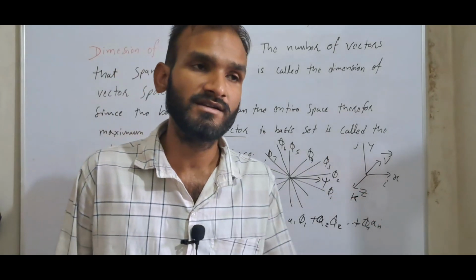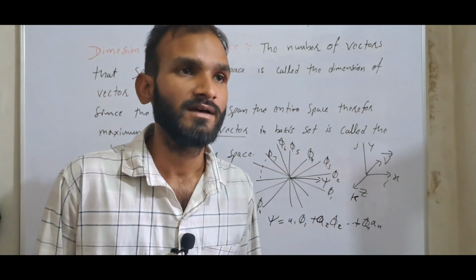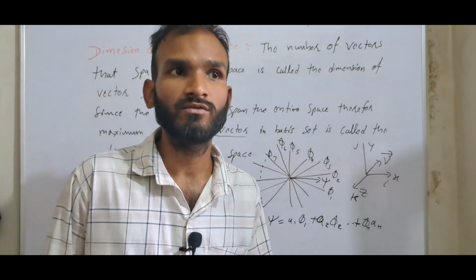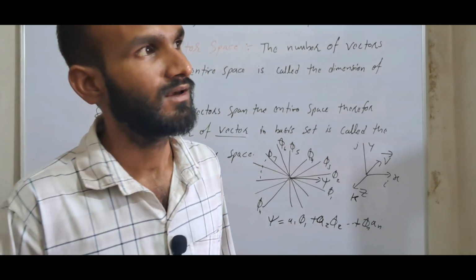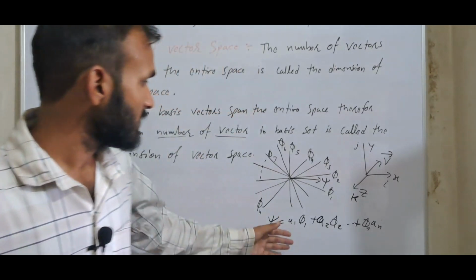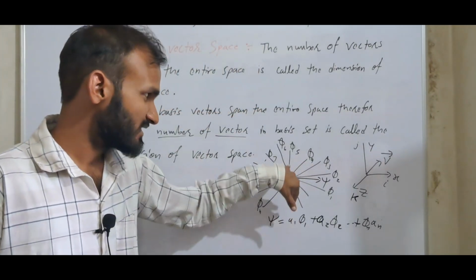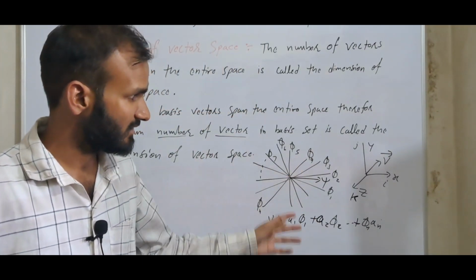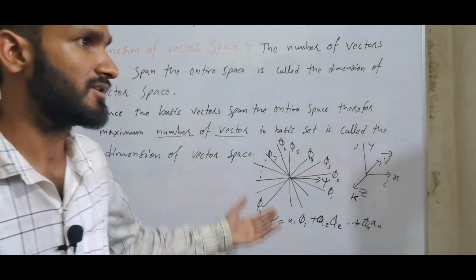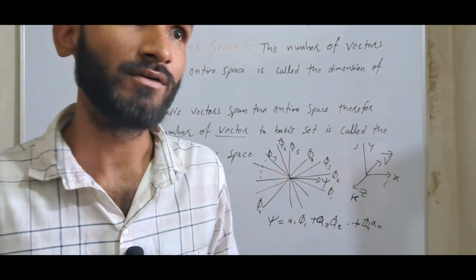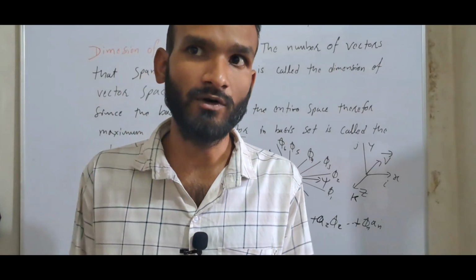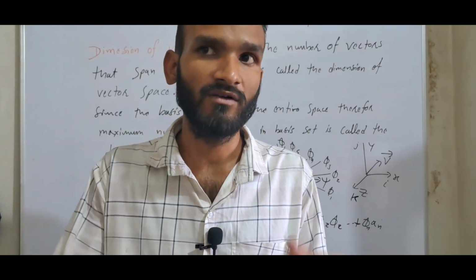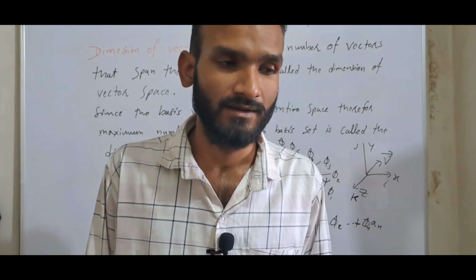They can be r, theta, phi unit vectors. They can be r, rho, phi unit vectors for cylindrical coordinate system. So these vectors are not specific vectors, but they need to satisfy the few conditions which we have already discussed, that is how a basis vector set forms and how a basis vector set is defined.